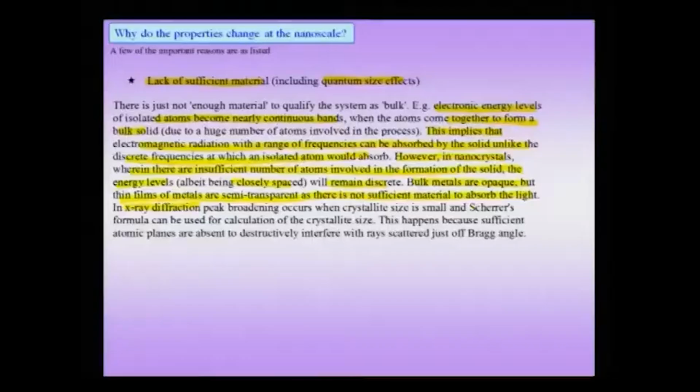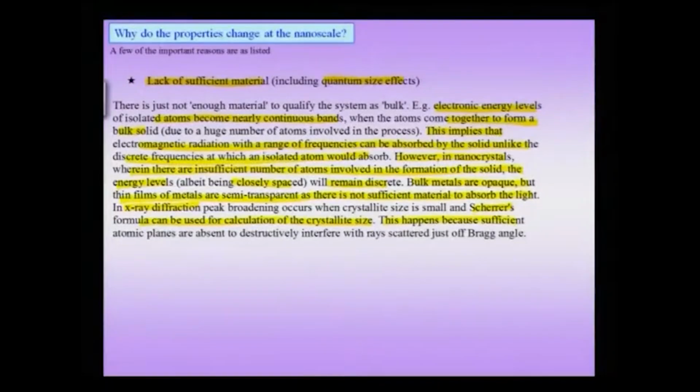Of course, peak broadening can come from other effects like strain, stacking faults, and instrumental broadening, etc. But for now I am restricting myself to the peak broadening which is coming from the crystallite size. And we typically use the Scherrer formula for the calculation of the crystallite size. And we know of course that the Scherrer formula itself has a certain regime in which it can efficiently give us the crystallite size.